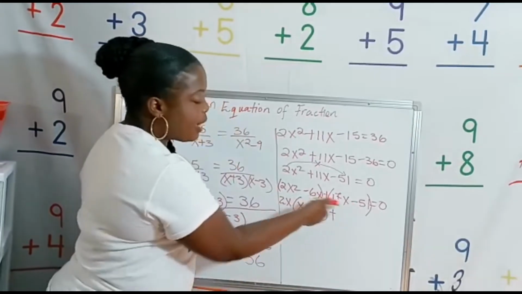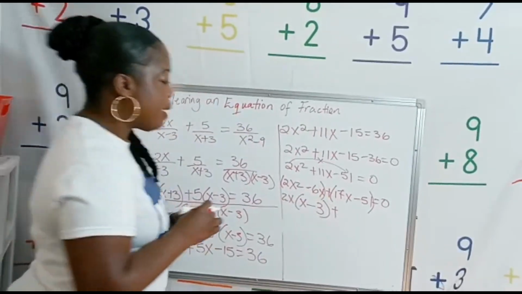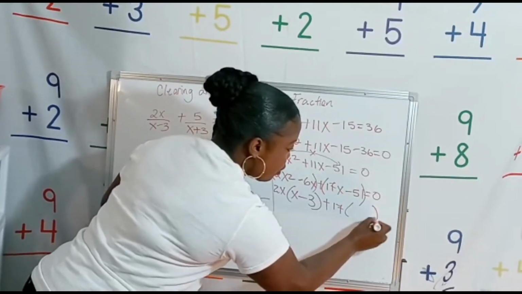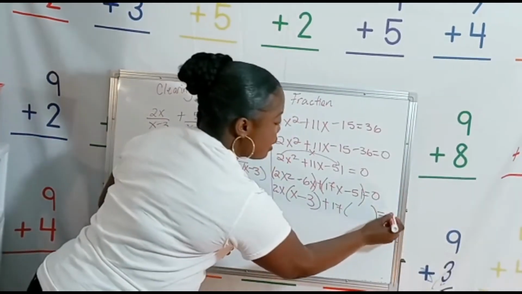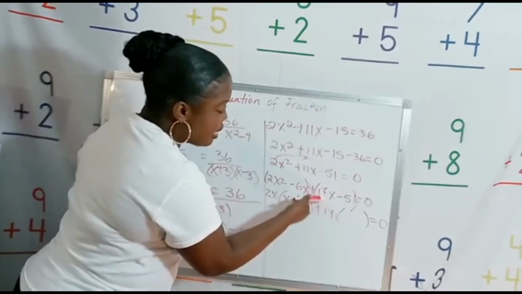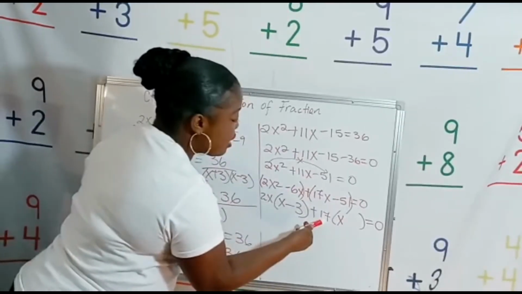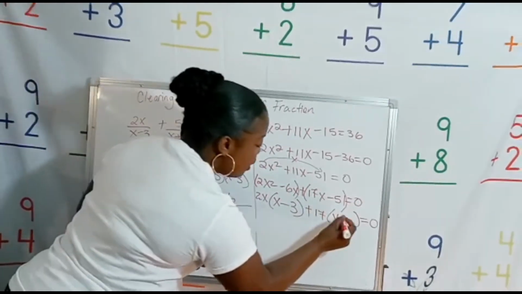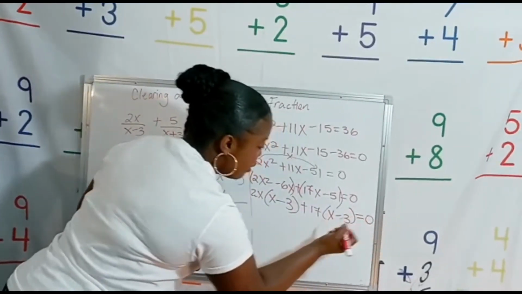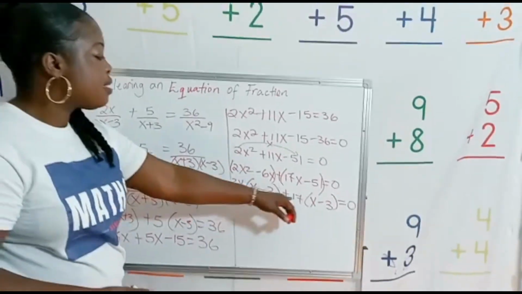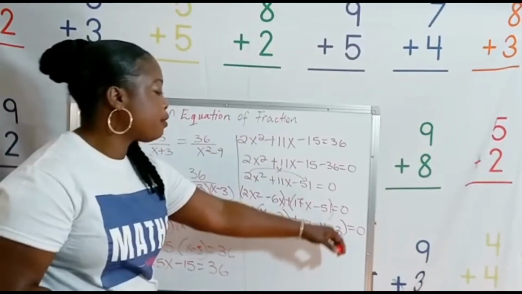Plus, again, I'm going to pull out the common term here. So it's 17, and whatever is left, I'll put in parentheses so that it equals 0. So 17 into 17x leaves x, and then 17 into negative 51 is a negative 3. So now I have 2x times x minus 3 plus 17 times x minus 3 equals 0.